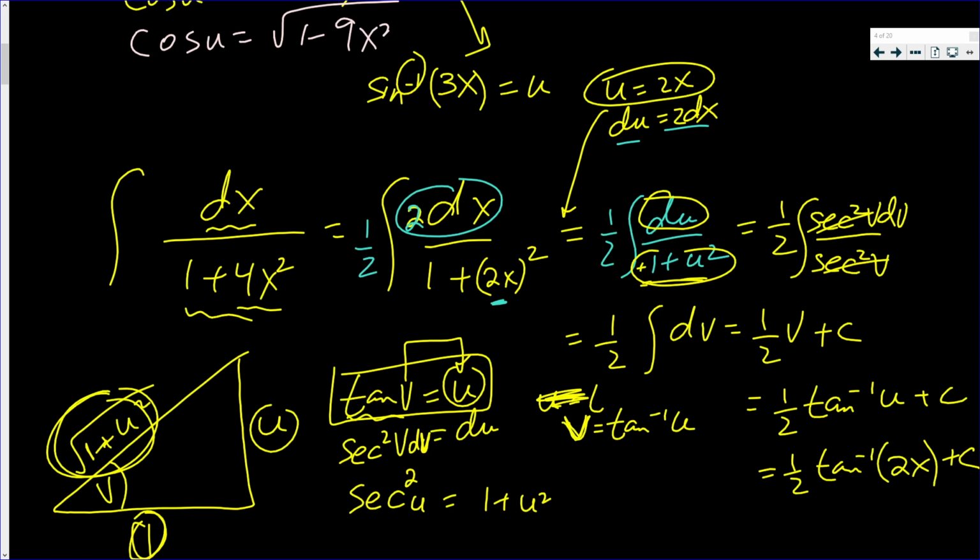Let us try another one. The integral of arctan of x, or tan inverse of x, dx divided by 1 plus x squared. Now, there's two ways of doing this.